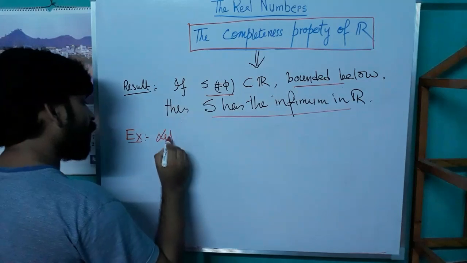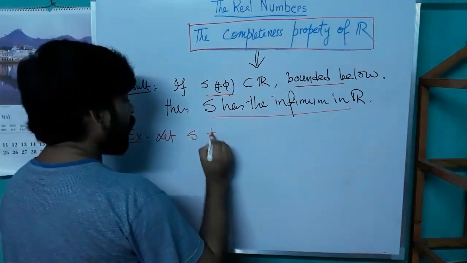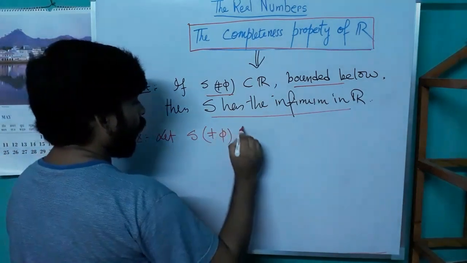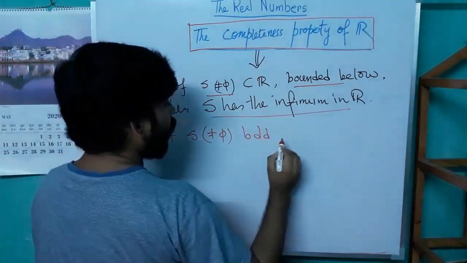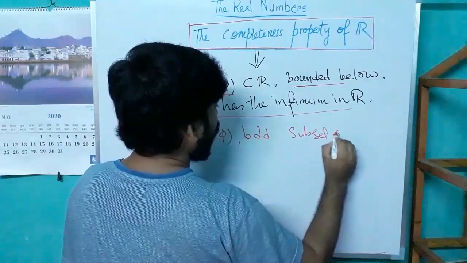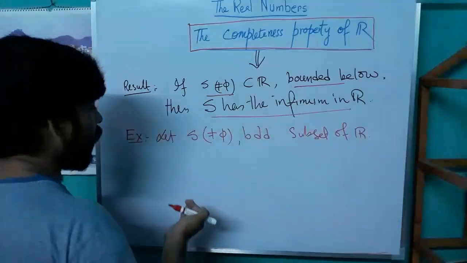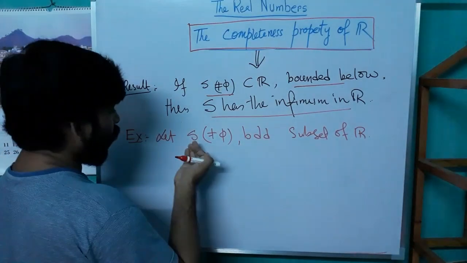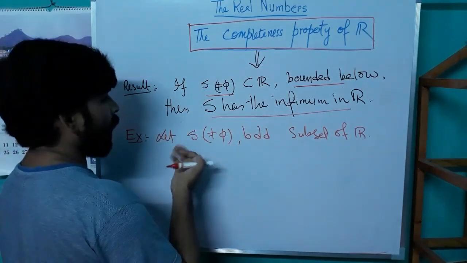Let S be a non-empty bounded subset of R. Since S is bounded, the supremum of S and the infimum of S exist.